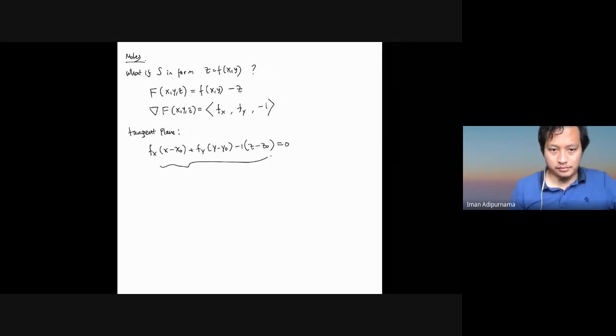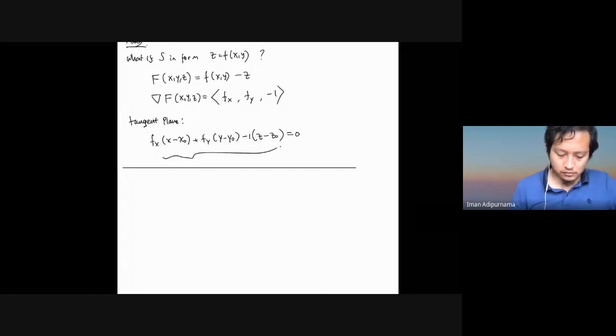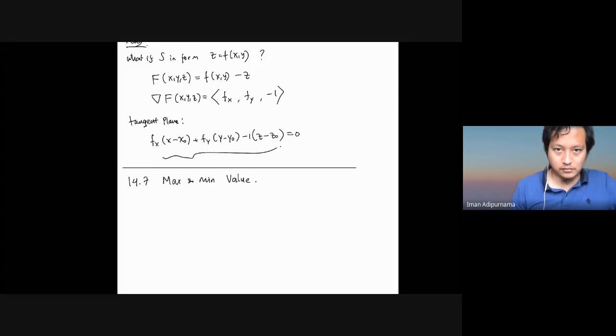Maybe I'll go into a little bit of an intro of 14.7. Okay, it's actually maximum and minimum values. So based on Calculus 1, how do you know a point is a minimum or maximum, right?